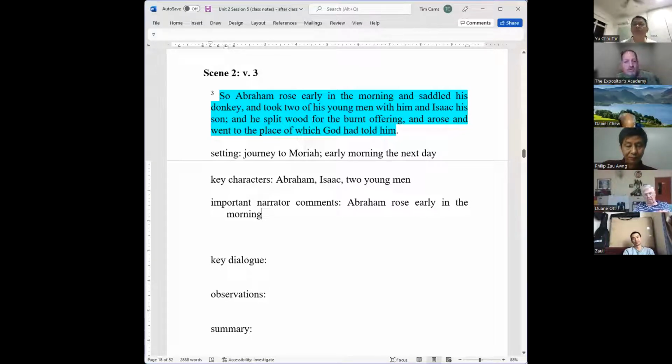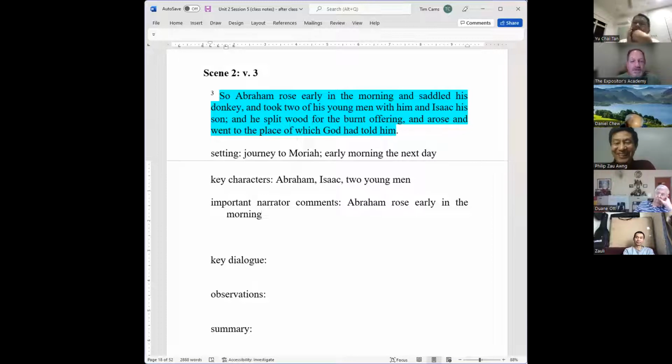Most people interpret this as his obeying quickly and responding quickly, and clearly he does that. Some people have theorized or guessed that perhaps he left early in the morning so that Sarah would not find out. We don't know.